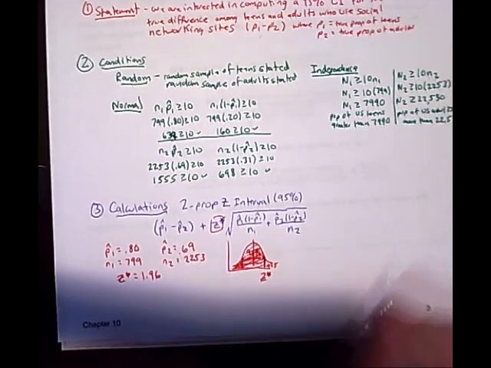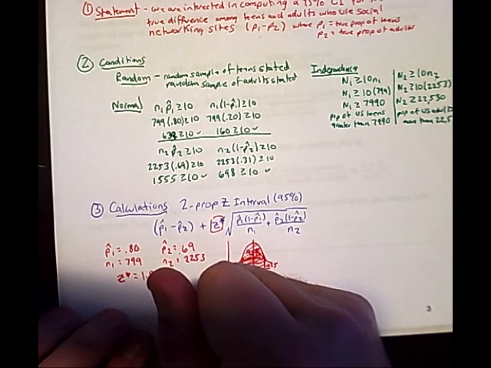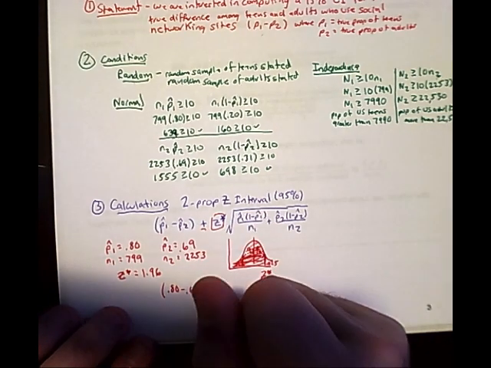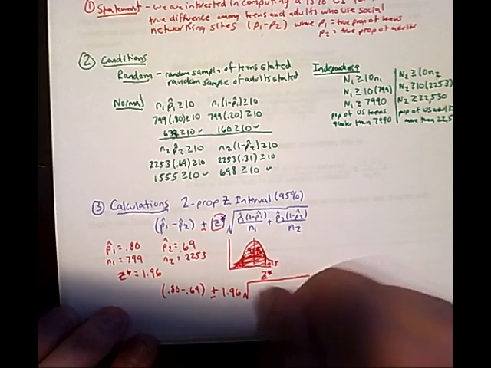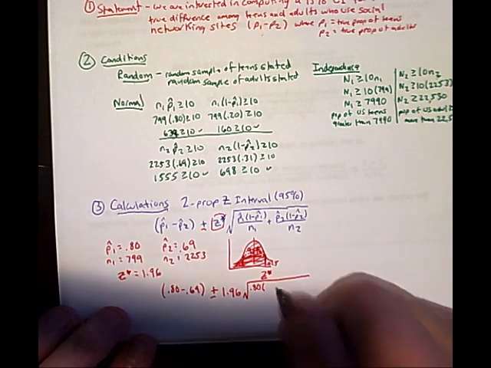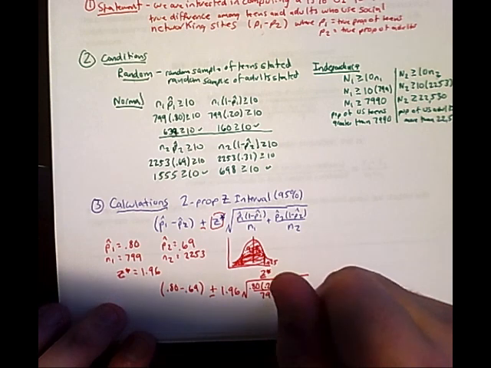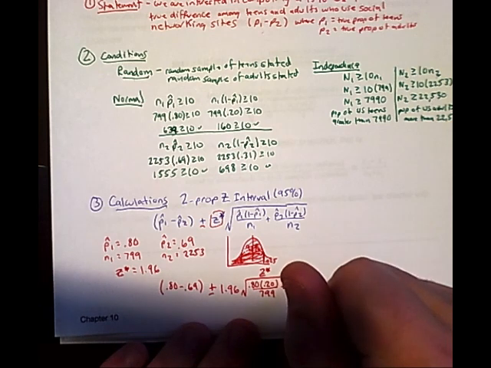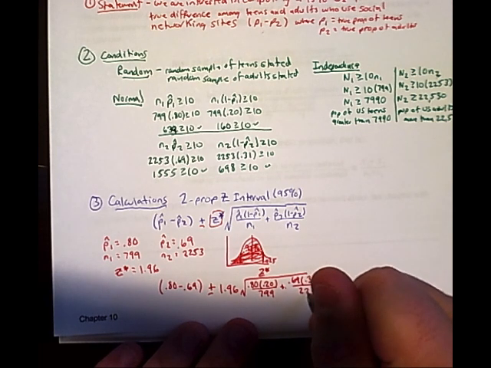So now we plug and chug. We're going to do 0.80 minus 0.69, plus or minus 1.96 times the square root of 0.80, 1 minus 0.80 is 0.20, over 799, plus, always plus, 0.69, 1 minus 0.69 is 0.31, all over 2,253.